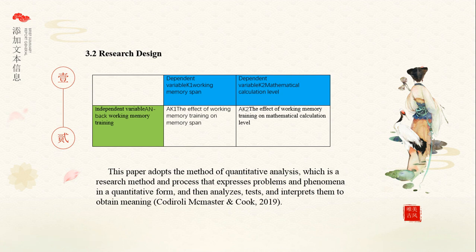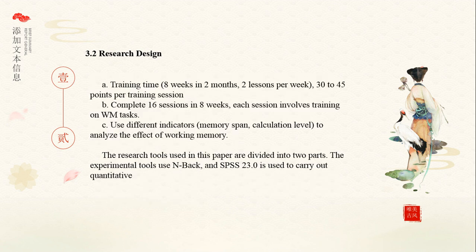I also introduced it in chapter 1, the effect of working memory training on mathematical conclusion level. This paper adopts the methods of quantitative analysis, which is a research method and process that expresses problems and phenomena in quantitative form, and then analyzes, tests and interprets them to obtain means.